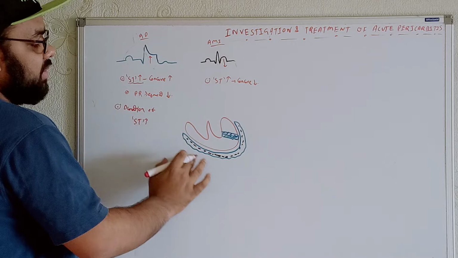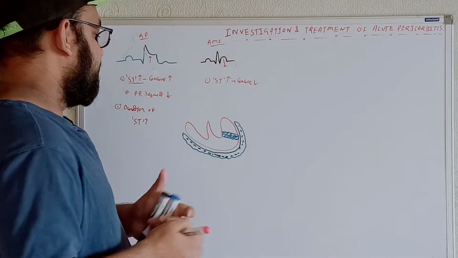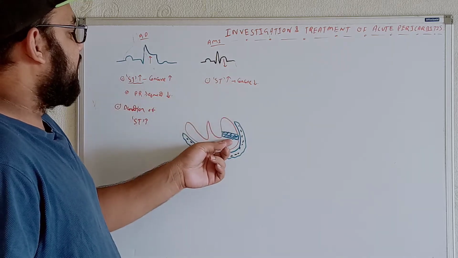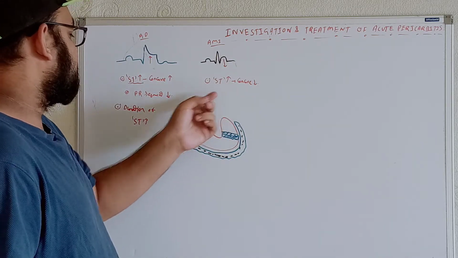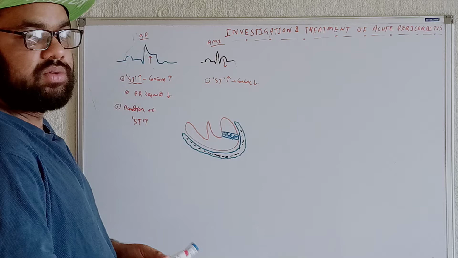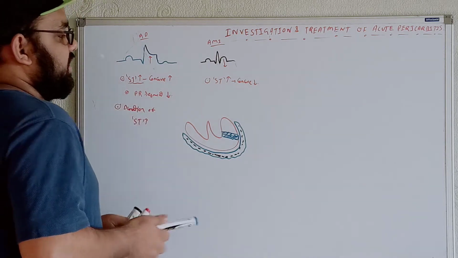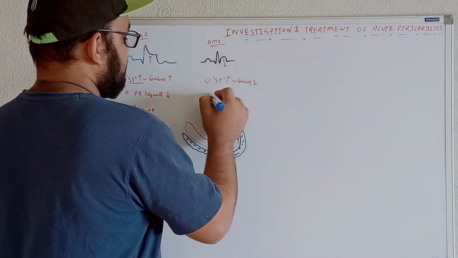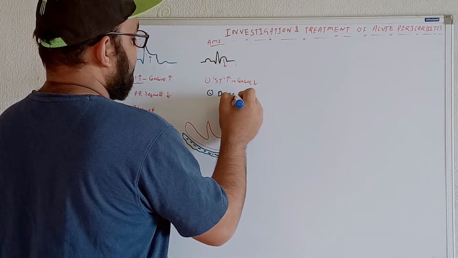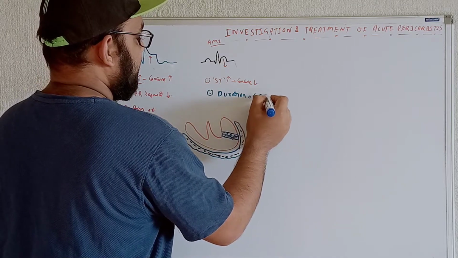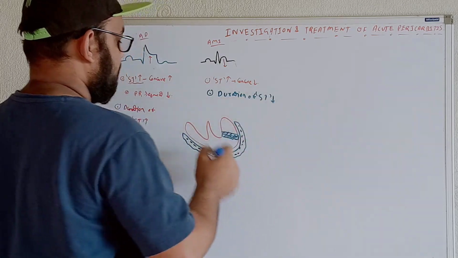But in myocardial infarction, as it is localized, the duration of ST segment elevation will be less in comparison with what? Acute pericarditis. So here the duration of ST segment elevation will be less, not like this.